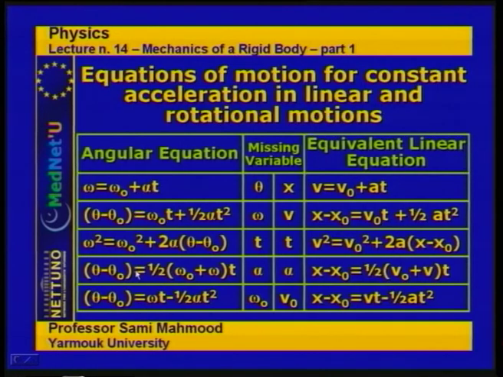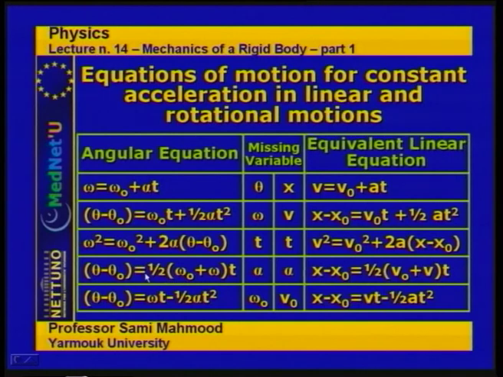One of them is delta theta over delta t is equal to 1/2 (omega naught plus omega), and from this we obtain theta minus theta naught is equal to 1/2 (omega naught plus omega) times t.